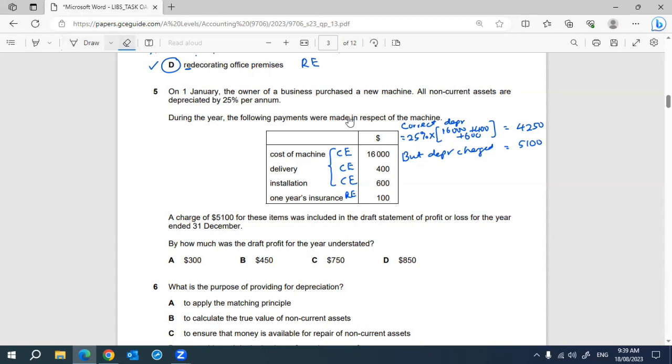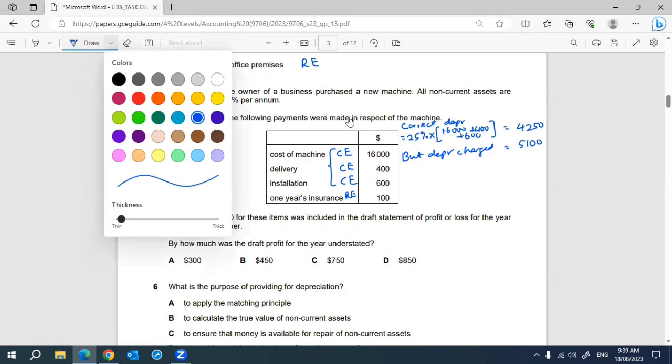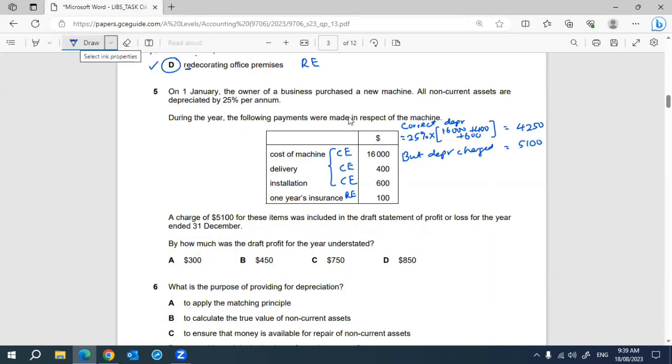So as you can see, the depreciation was recorded at a figure higher than what it was. So therefore, the depreciation was overstated by the difference of these two figures, 5,100 minus 4,250, which is 850.